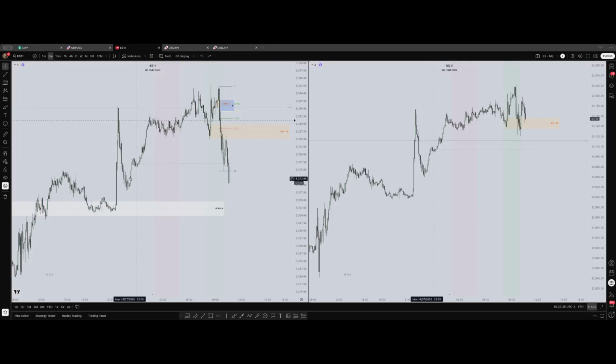Yes, falling, dropping. We can have a divergence here. Let's see how price performs here. So far we have divergence. We have a lower low, but Nasdaq is not doing a lower low.